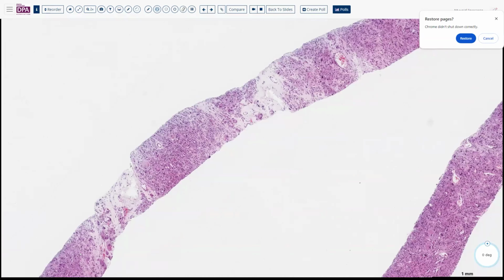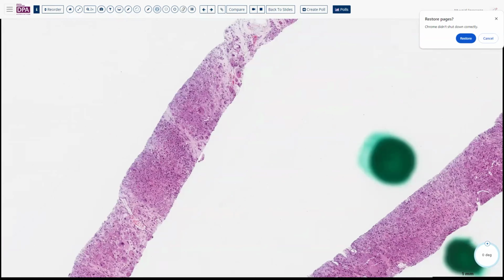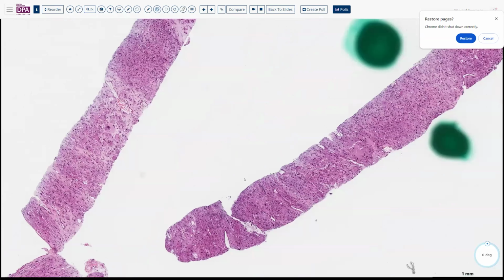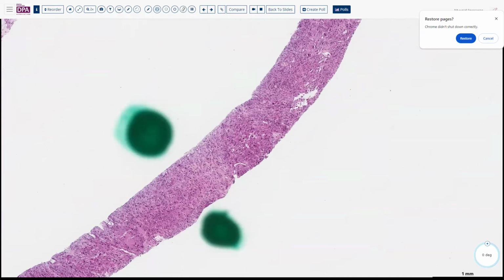It looks a little bit like liver, but we don't have any normal bile ducts or anything like that to indicate that that's where we were. And clinically, this was just listed as an abdominal mass.